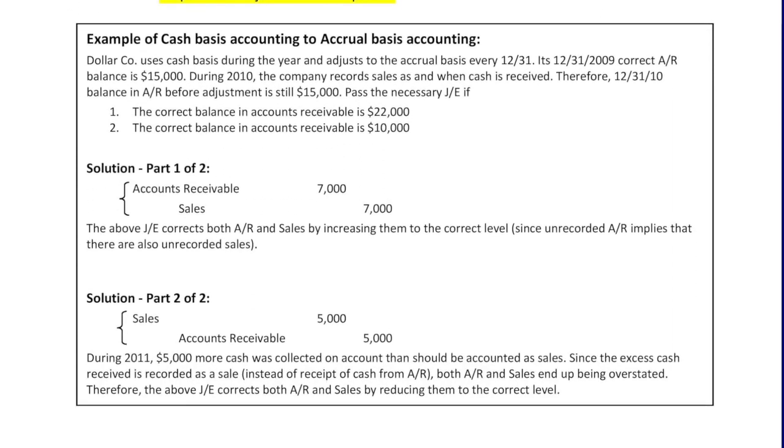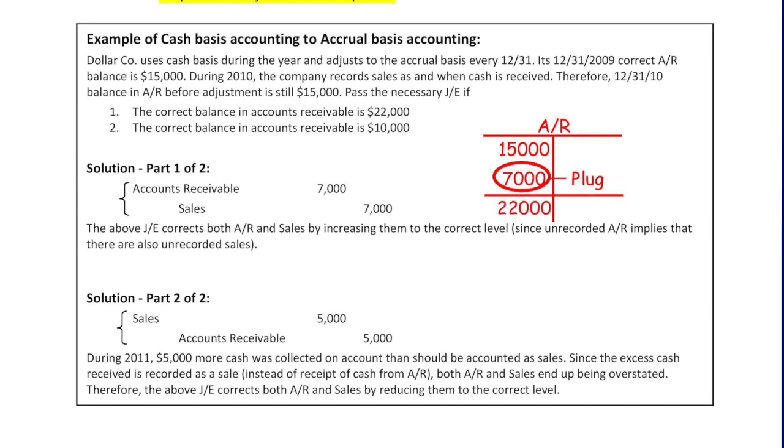So we just did an example on the board. So you got solution part 1 of 2 where the current balance in accounts receivable was $15,000 and the correct balance was $22,000. So how about making a T account here? So make a T account, write A/R, the current balance, write $15,000, put a plug for $7,000 and the correct balance, write $22,000.